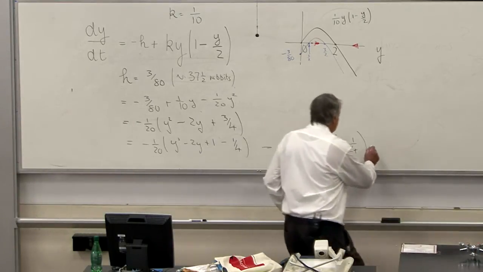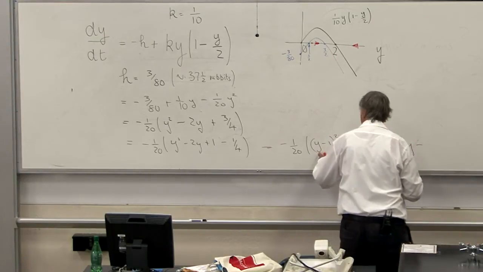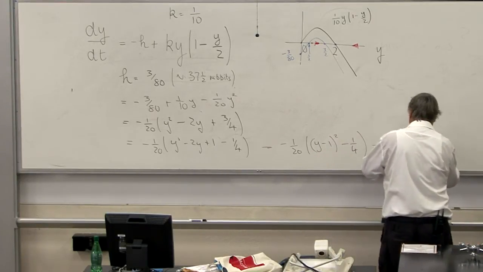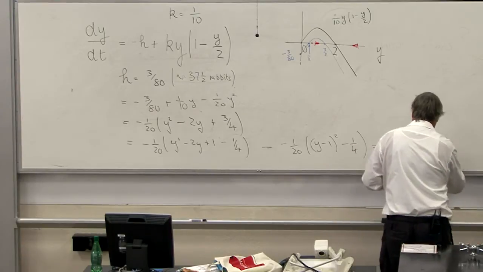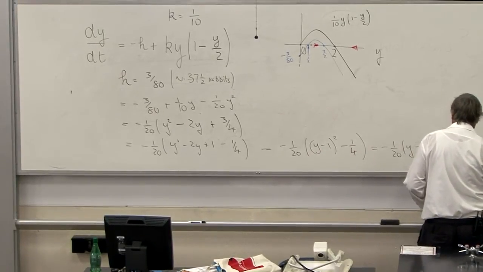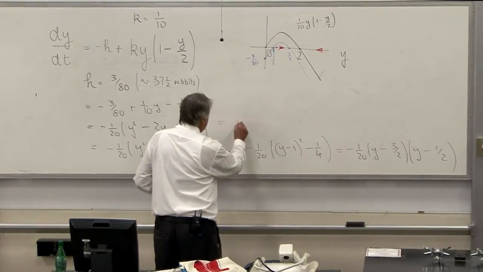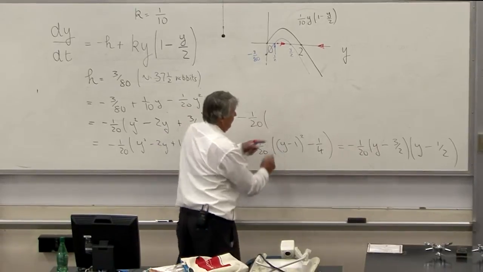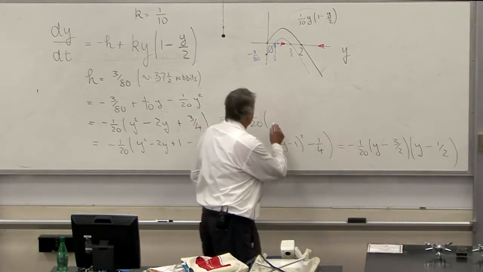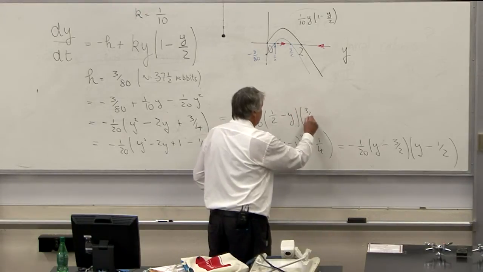So this is minus 1 over 20, y minus 1 minus a half, which is y minus 3 halves, times y minus 1 plus a half, which is y minus a half. So you see this expression is just the same as minus 1 over 20, and I'll reverse the signs of both of these: a half minus y times 3 over 2 minus y.